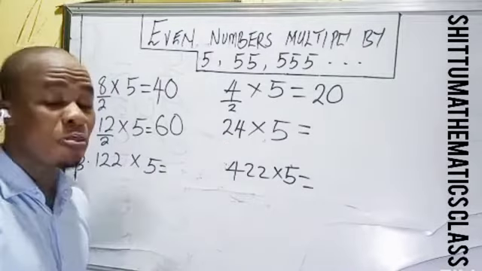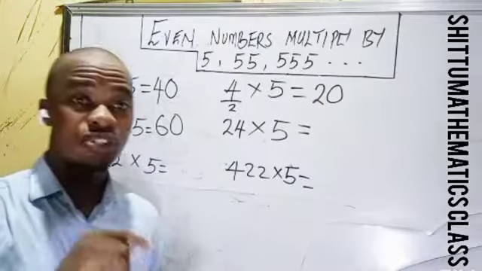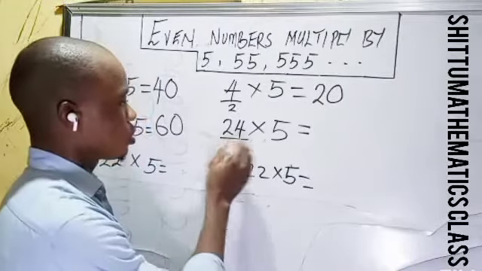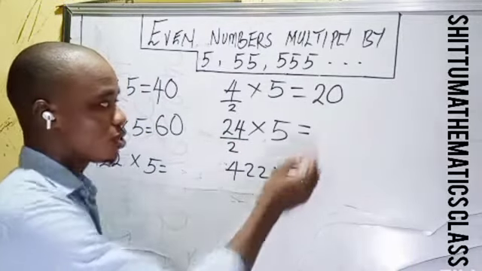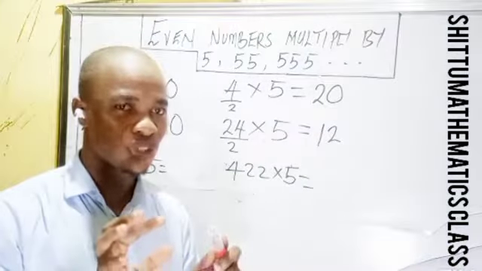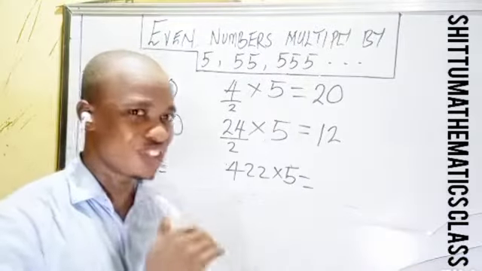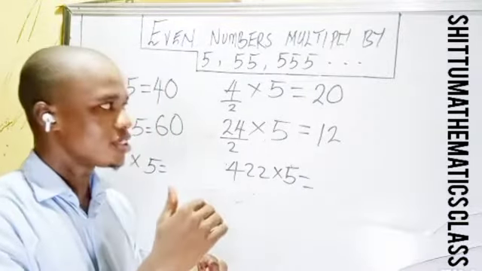So now 24 multiplied by 5. 24 is an even number, so we divide 24 by 2. But don't forget that this one is going to give us 12. Now here we have a little change. You understand?